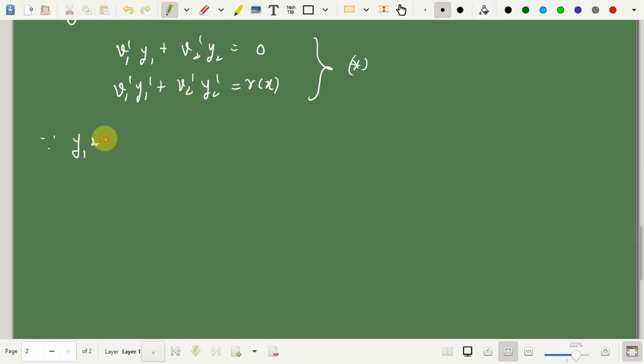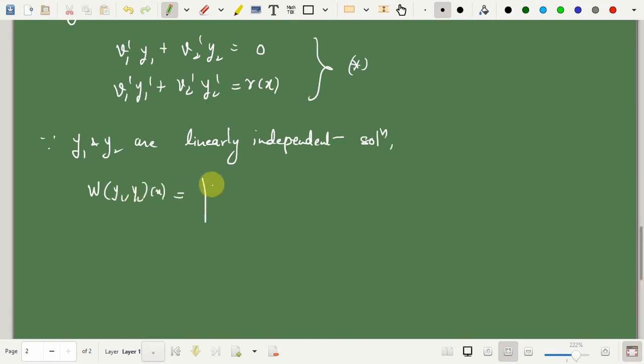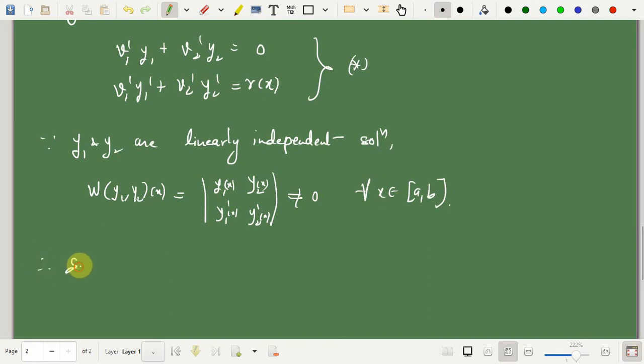So since y1 and y2 are linearly independent solutions, the Wronskian of y1 and y2 at x, which is y1 y2 y1 prime y2 prime, will never be equal to 0 for any x in the interval a, b, and therefore we say that the system star has a unique solution.